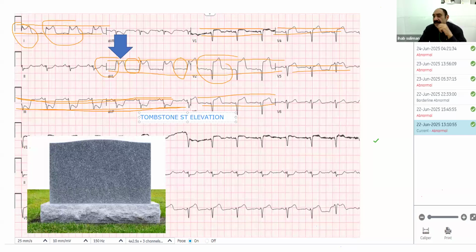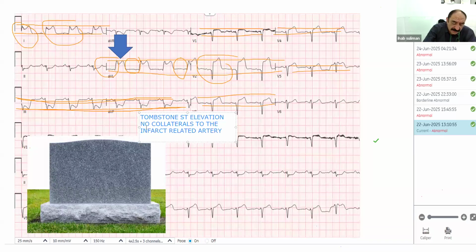This is a very serious occlusive MI, and there are no collaterals to the infarct-related artery.